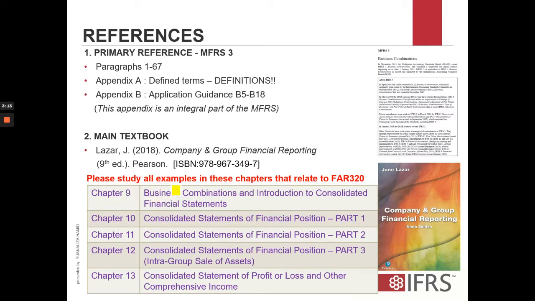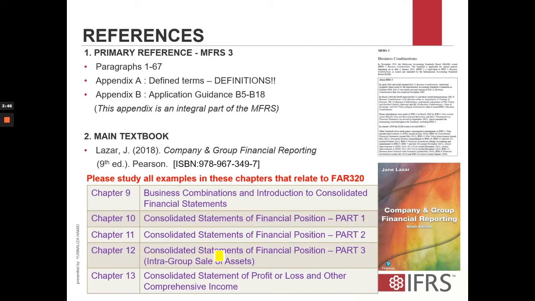So, only 5 chapters from the textbook. Chapter 9 is the introduction to business combination and the consolidated financial statement. Chapter 10, we look at how to prepare the statement of financial position using the acquisition method. Chapter 11 goes further, part 2, looking at what happens if you acquire not only the shares but also the debentures.